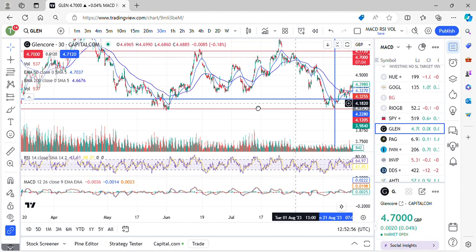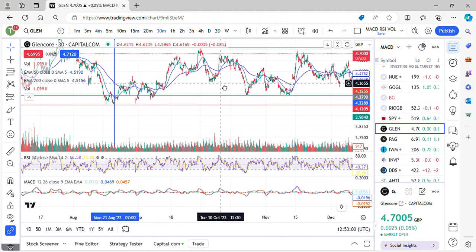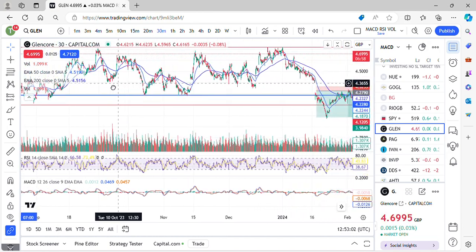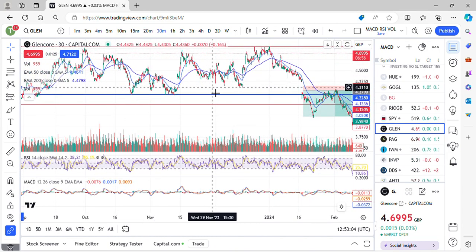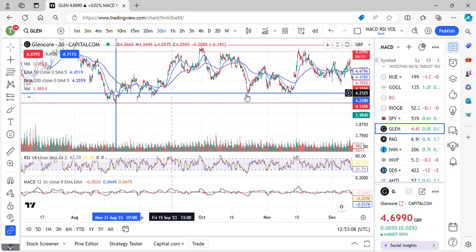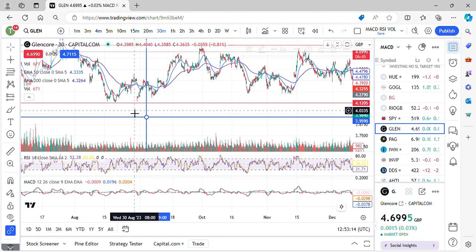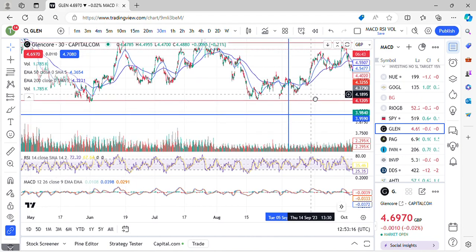On the 30-minute time frame, it looks like it's more like here, which is where I drew my cross. But you can see it there as well. There's a support level there too.